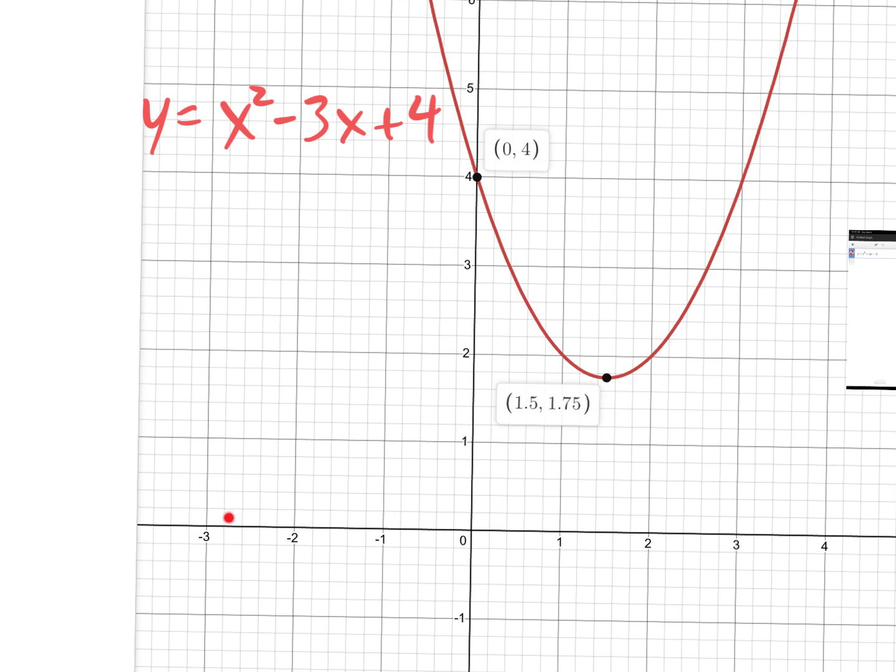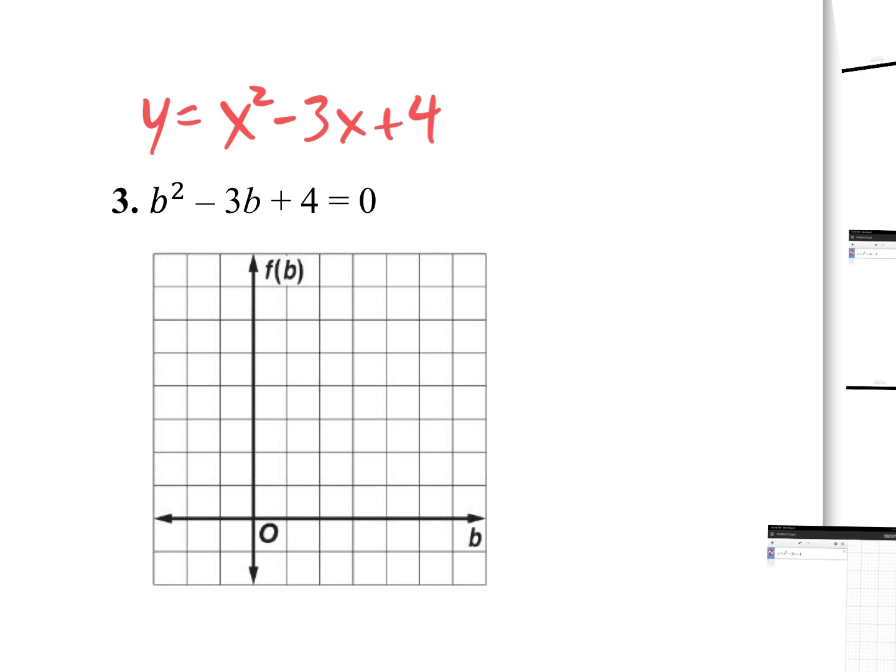If I'm trying to solve it, trying to find the answers, what I'm really trying to do is find the x-intercepts. And if it doesn't have x-intercepts, that means it doesn't have solutions. So I say no solution, or at least no real solution. Later on, we'll learn about imaginary solutions, but not right now. Right now, we just say no solution, does not cross the x-axis.